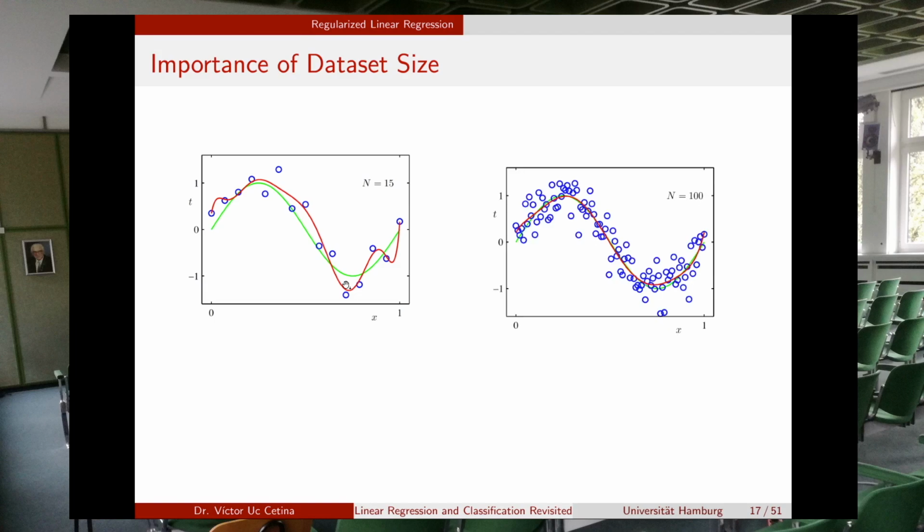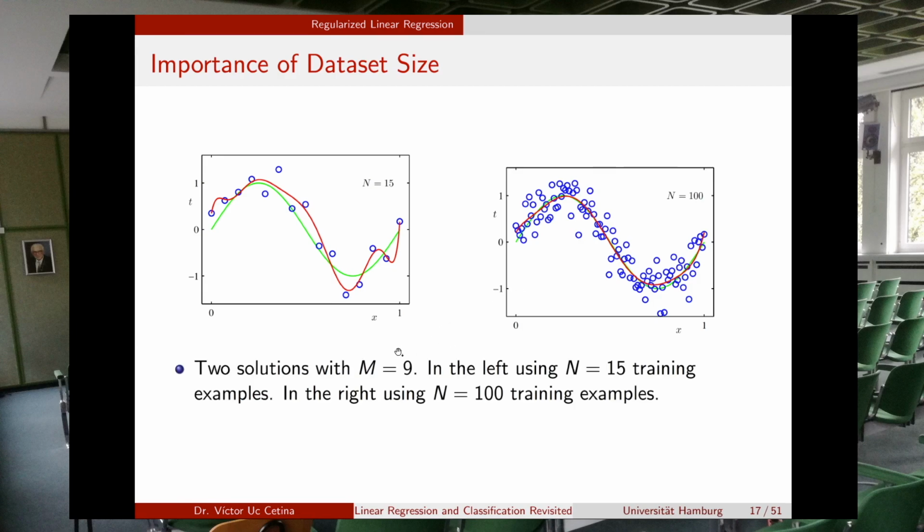If we increase it even more and we use 100 points, then the model is very nice, it's very smooth, and it approximates very well the original function, the green curve here. So that is one way to avoid overfitting, by increasing the number of points. And this is one of the reasons why we need as much data as possible.